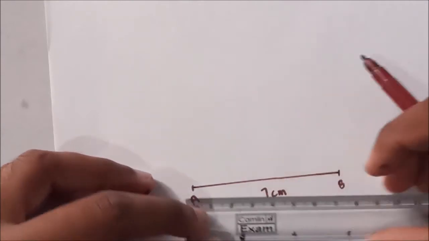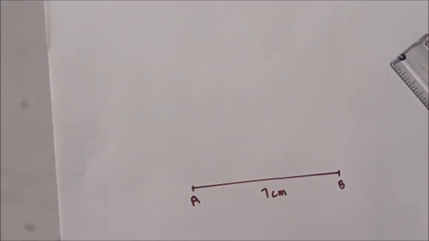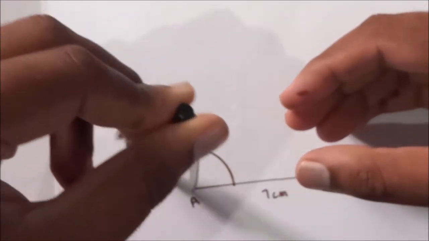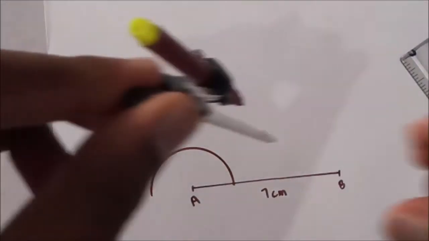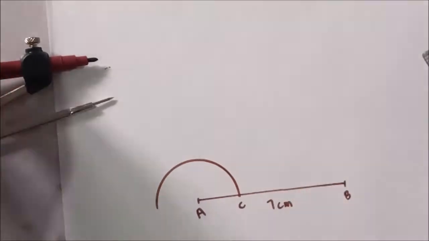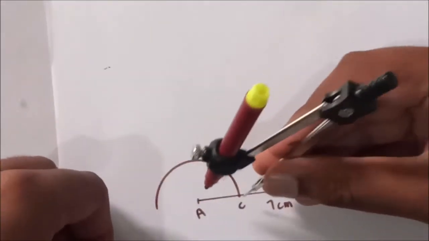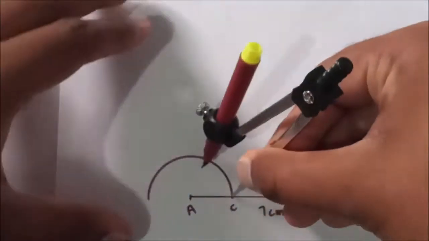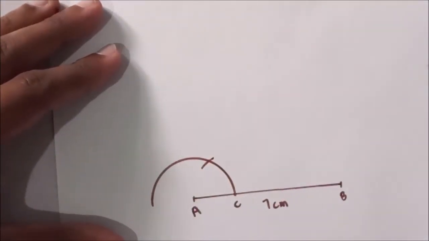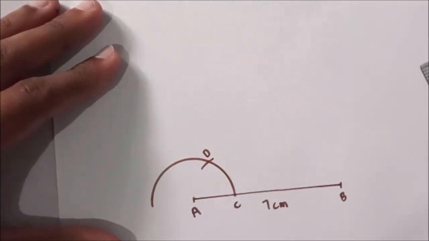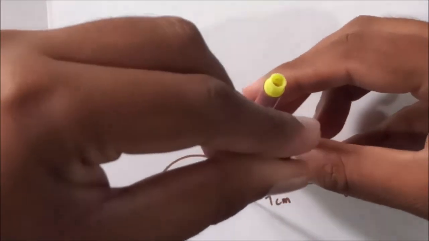AB, 7 centimeters. Now from A, same type, draw an arc over here and make it C. Again from C, draw an arc intersecting the main arc and make it D. Again from C, draw an arc.